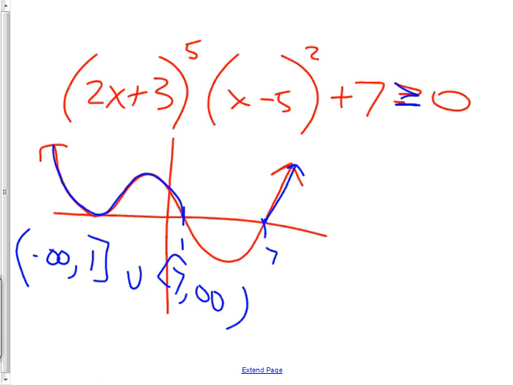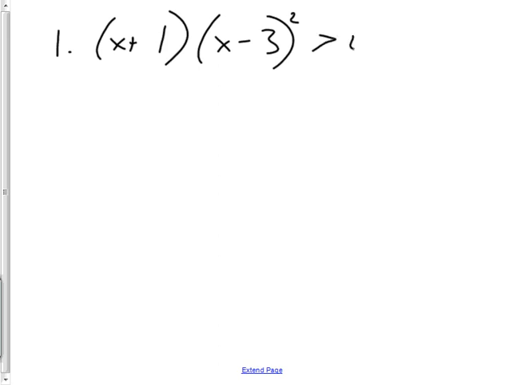All right, let's do number 8 together. Oh wait, let's do number 1 first. It's pretty easy, but it fools people sometimes due to just a little tiny thing that people don't notice. Let's do number 1. It says x plus 1, and then it says x minus 3 quantity squared, and then it says greater than 0.